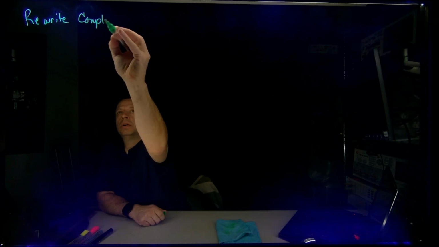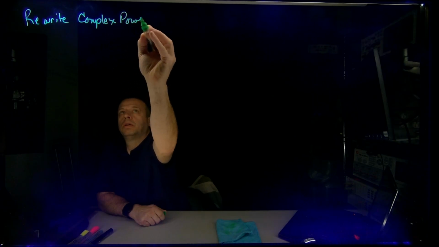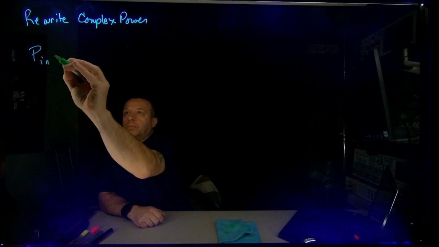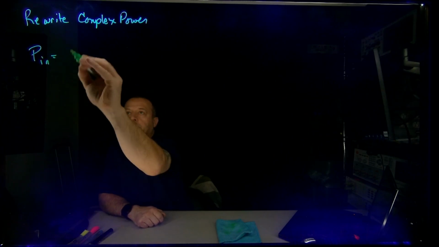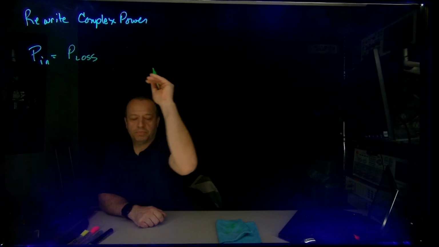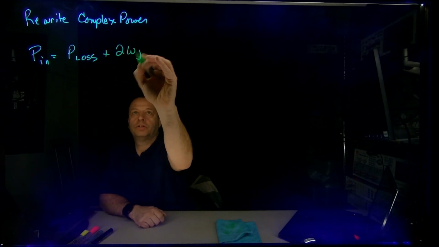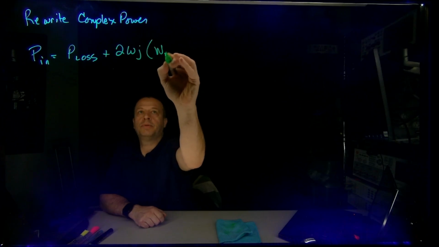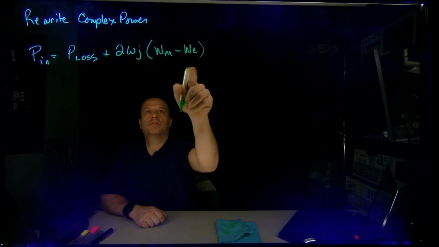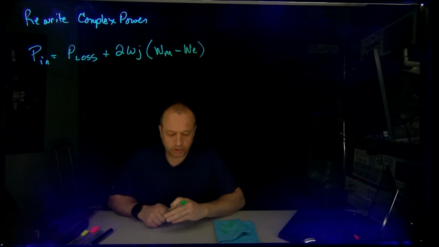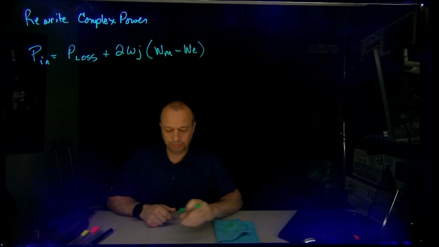So now we can rewrite complex power as Pn equals P loss, that's from my resistor, plus 2 omega j (Wm minus We), so our power loss due to the electric and magnetic fields.